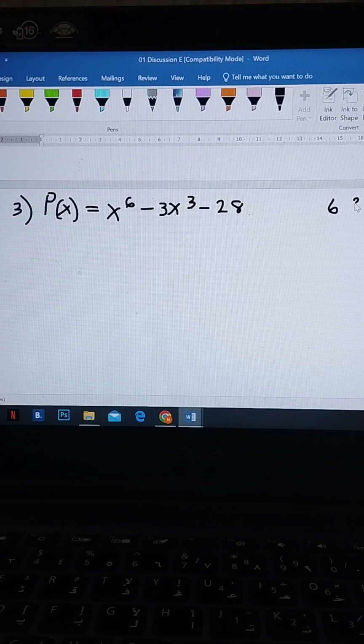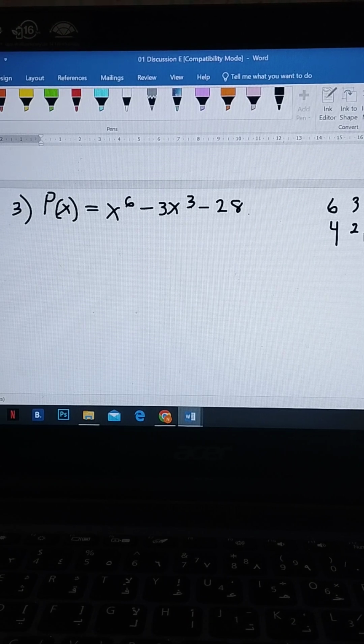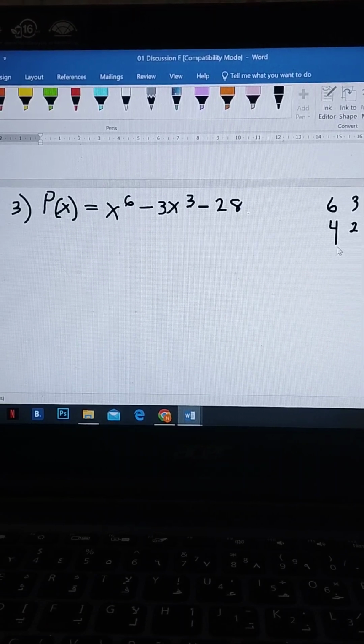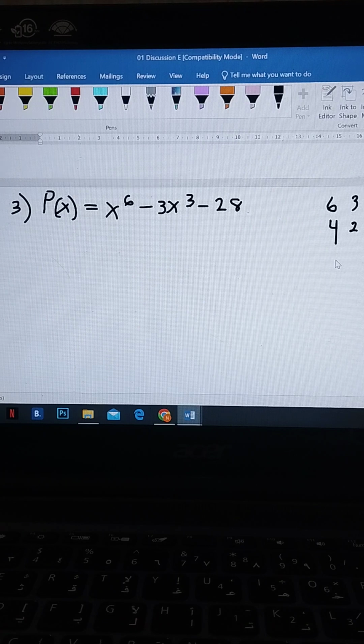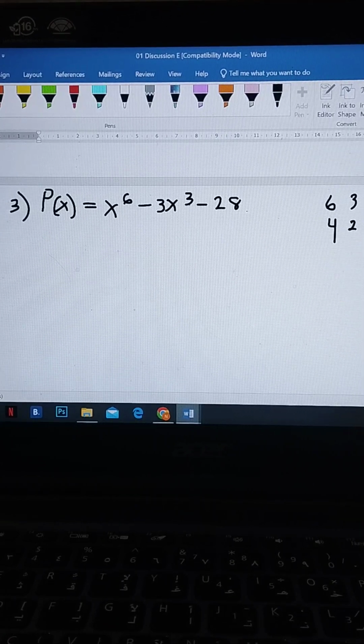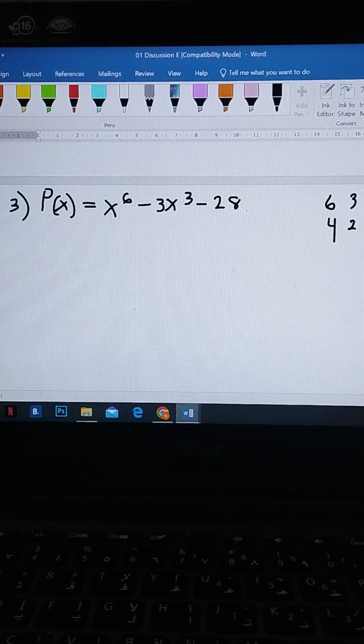If the exponents are of the form 4, 2, 0, or 6, 3, 0, or 8, 4, 0, and the polynomial has 3 terms, you can simply factor using the factoring of quadratic trinomials.